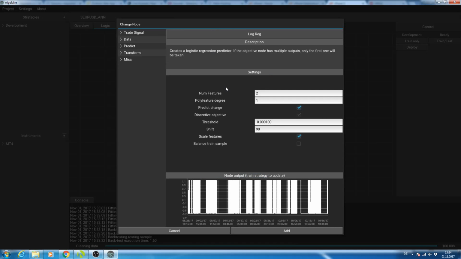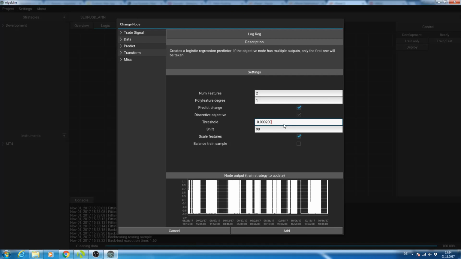So what we might try to do first is change the return discretization threshold in the logistic regression node. This basically defines what counts as a positive or a negative signal. How much does the price have to change for it to be counted as a positive signal?